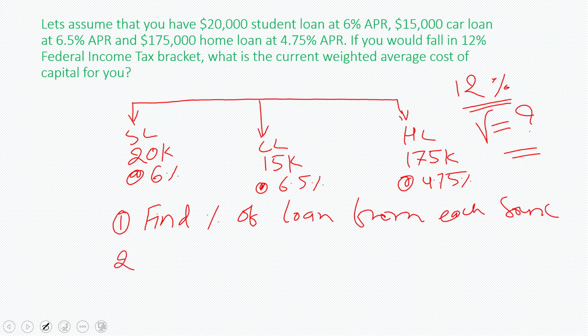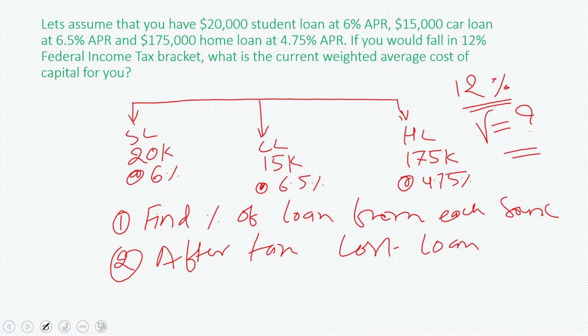And in step two, you would find after tax cost of loan from each source. What I mean by after tax is basically student loan and home loan have some tax advantage.